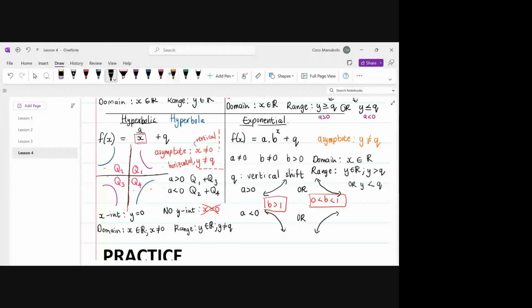And all of this will be determined on whether my a is positive, and that one will be determined whether my a is negative. All right. This is all the info. That was a lot of info.